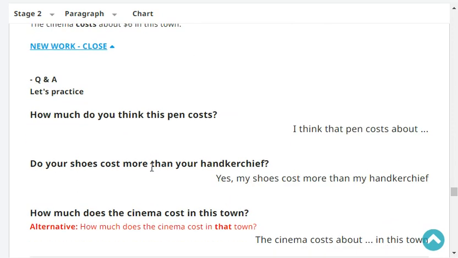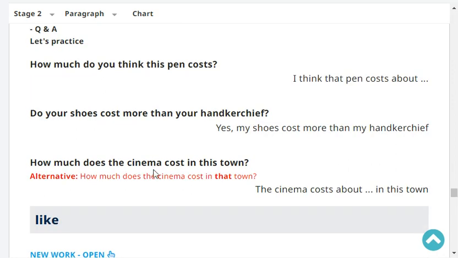Let's practice. How much do you think this pen costs? I think this pen costs about 10 cents. Very good. Do your shoes cost more than your handkerchief?